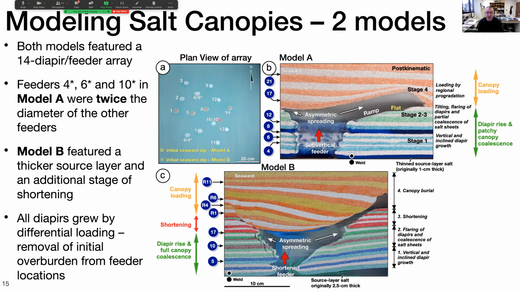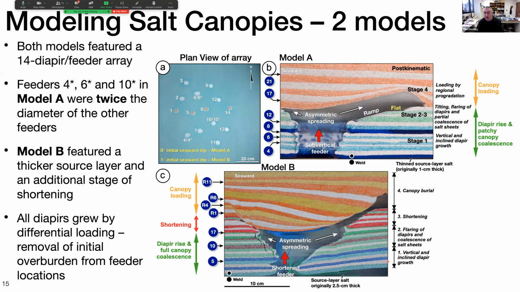And in model B here, I had a thicker horse layer. You can see in model A there were three main stages here: vertical growth upwards, then flaring out and coalescence, and then adding on our prograding wedges afterwards.